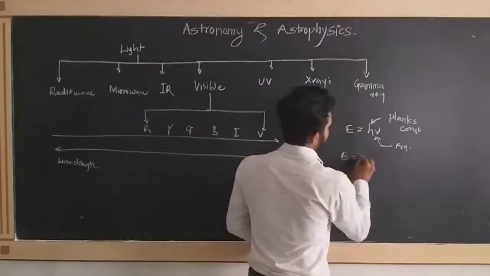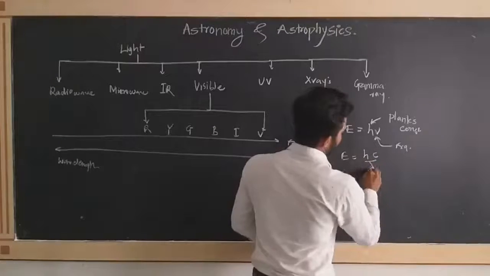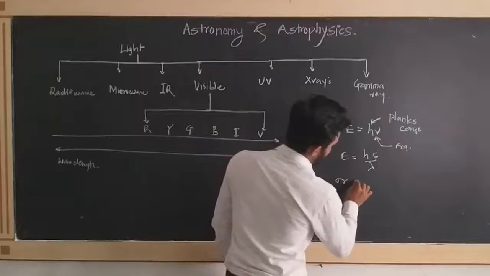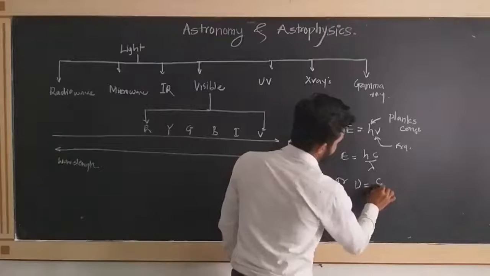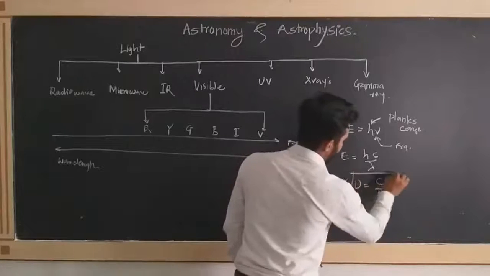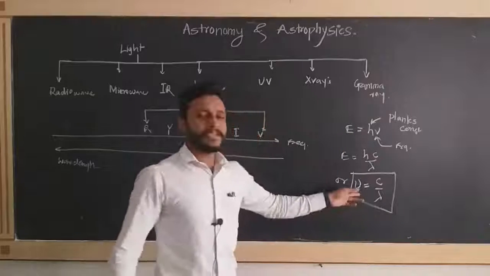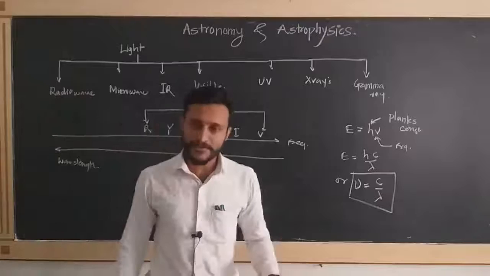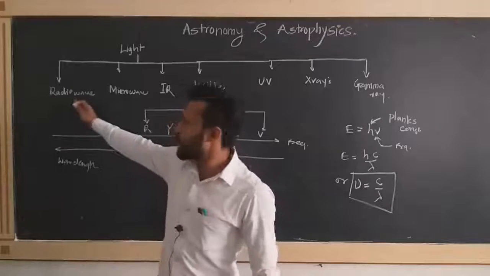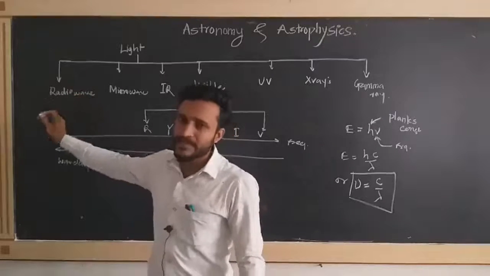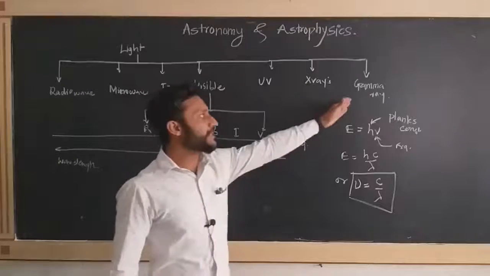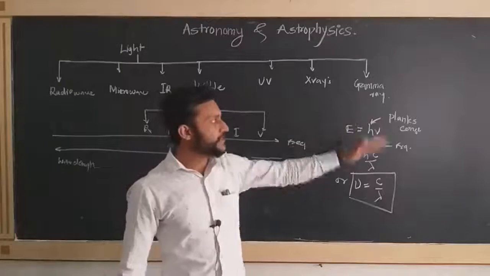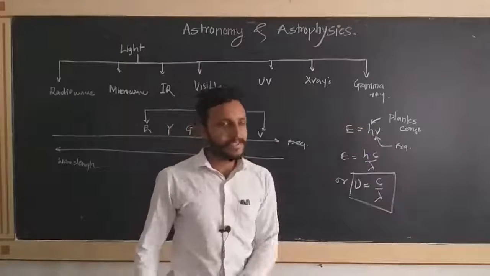Or we can write energy is equal to hc by lambda, or nu is equal to c by lambda. So frequency is inversely proportional to wavelength. If radio waves have the longest wavelength, they have low frequency or lowest energy, while gamma rays have the highest frequency or highest energy and the lowest wavelength.